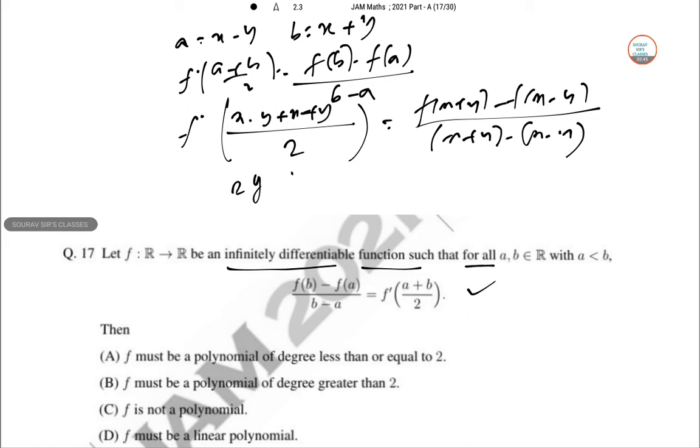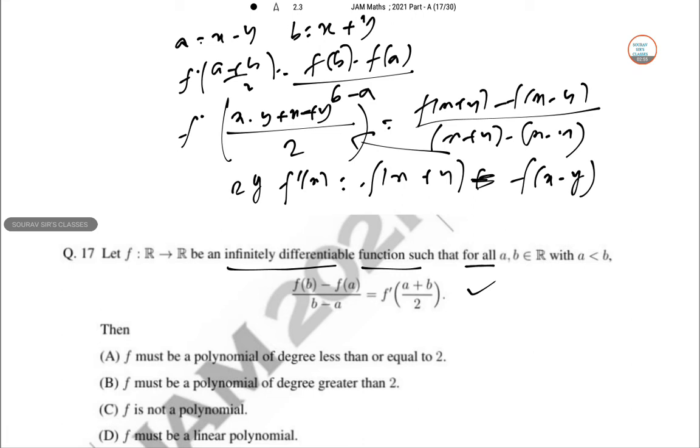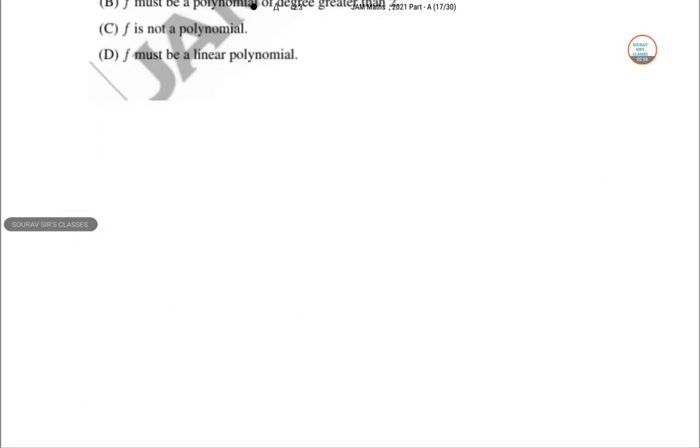So 2 into y into f dash x will provide us f of x plus y, just putting it over here, minus f of x minus y. So differentiating with respect to y, we get 2 into f dash x equal to f dash of x plus y plus f dash of x minus y.